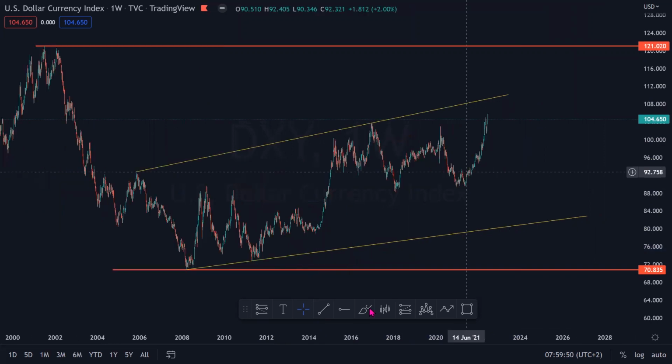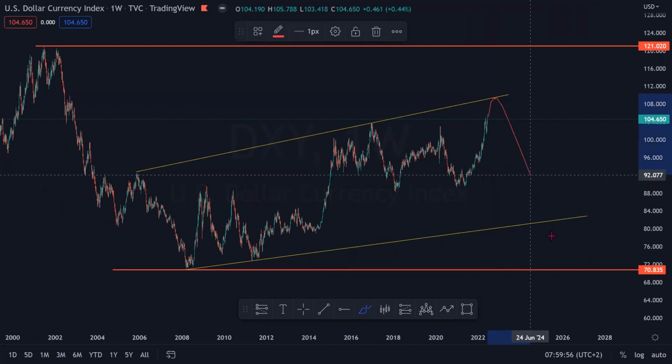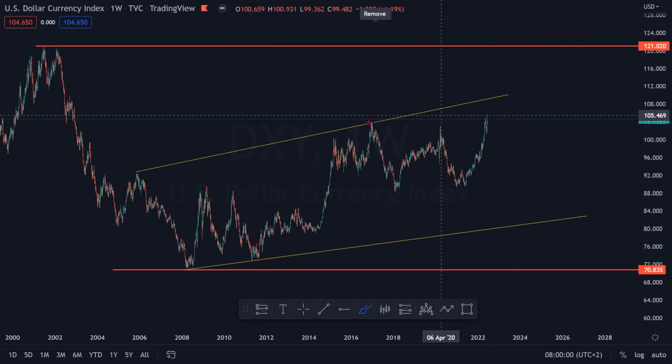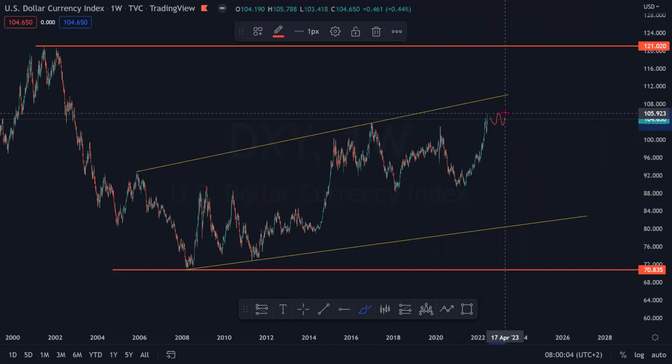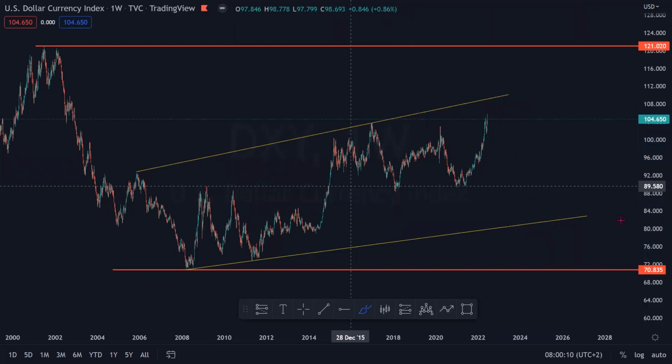On the weekly, we're expecting the market at least to come and give us our touch here. But remember, if the market doesn't give us our touch here, we might reject here and start having a reversal pattern to the downside. So on a bigger structure, we know what's going to happen.